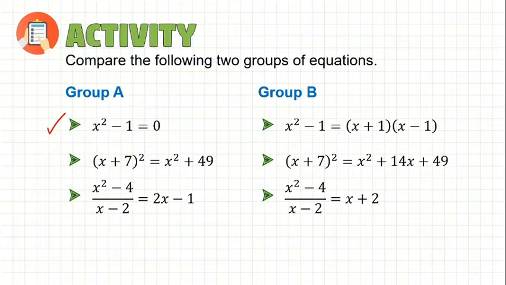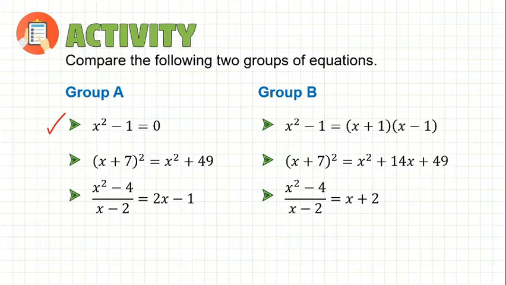However, there are only some values in the domain of this equation that will make the equation true or that will satisfy the equation. Okay, so there are some values of the variable that are in the domain of the equation but do not satisfy the equation. That is, they do not make the equation true.